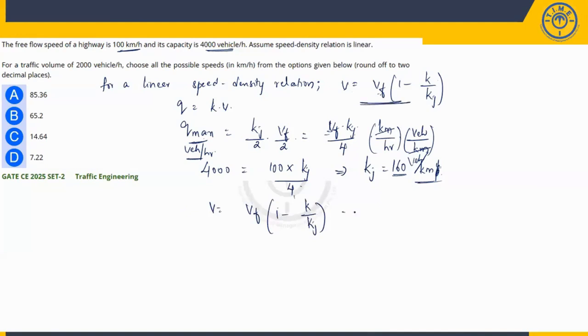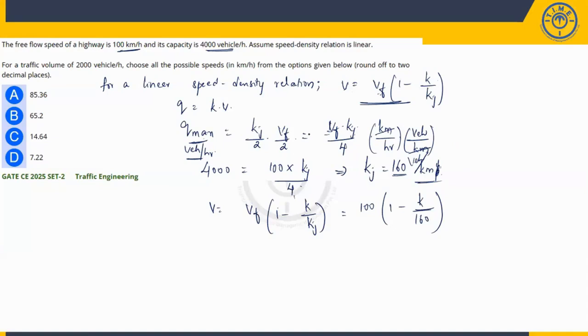In this, we know Vf is 100, and K is the density. We don't know the value of K, and Kj we got to be 160. So let's focus on working out K.